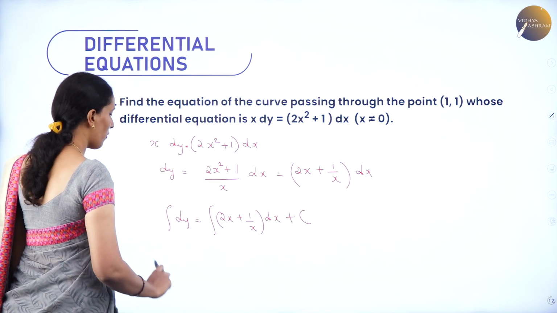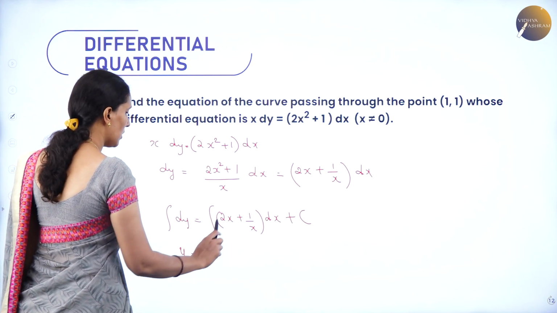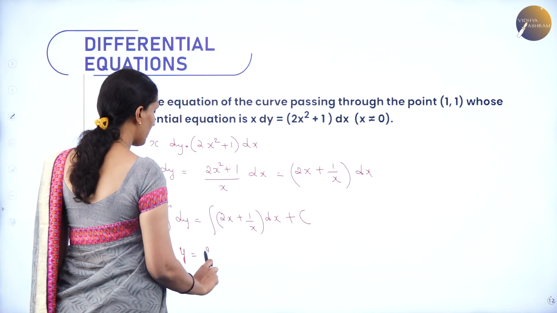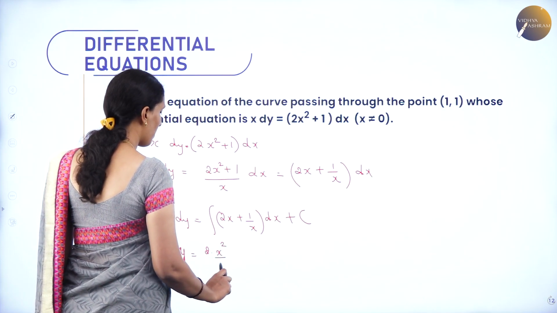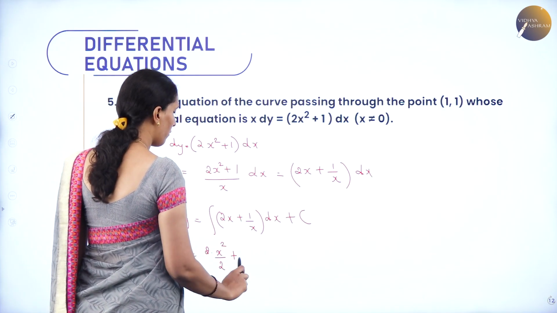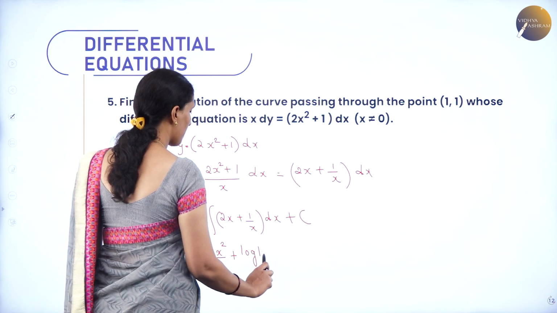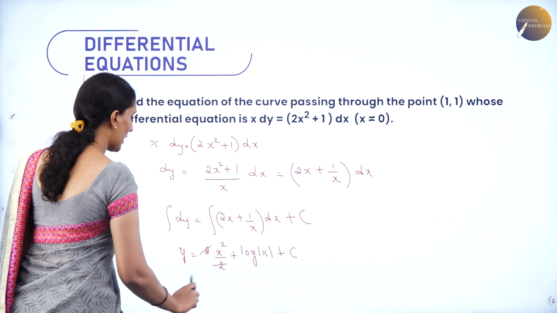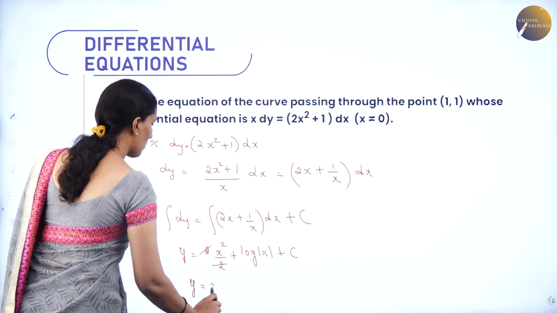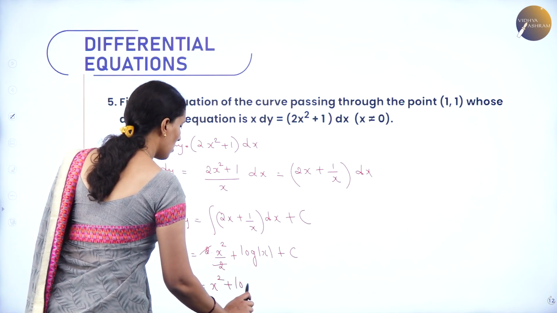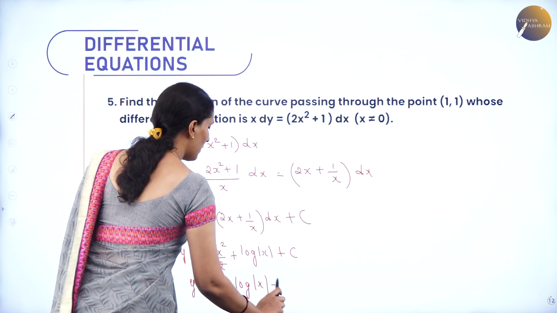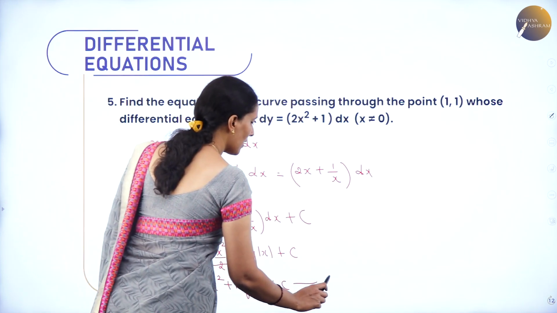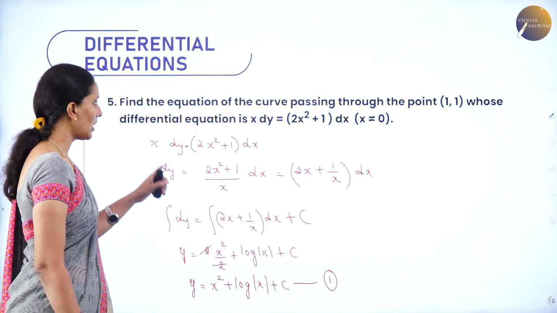Now what is integral of dy? It is y. So integral of 2x is, it becomes 2 into x square by 2 plus integral of 1 by x is log x plus c. Now 2 gets cancelled. So therefore y is equal to x square plus log mod x plus c. So this is the general solution for the given differential equation.